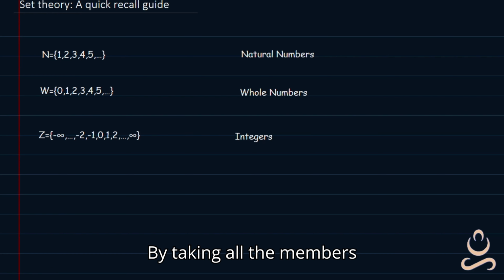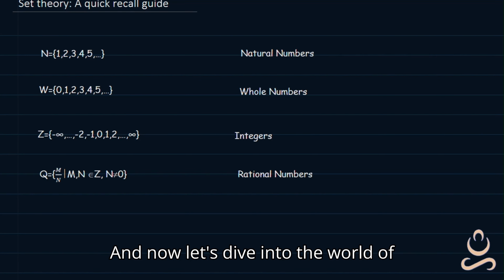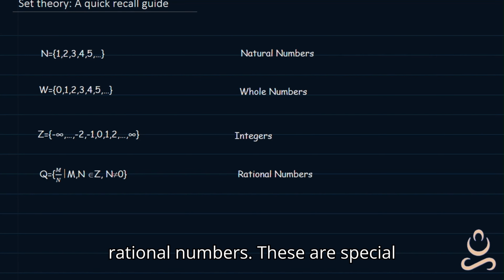By taking all the members of the set of whole numbers and including negative numbers, we expand to a larger set known as integers. And now let's dive into the world of rational numbers.